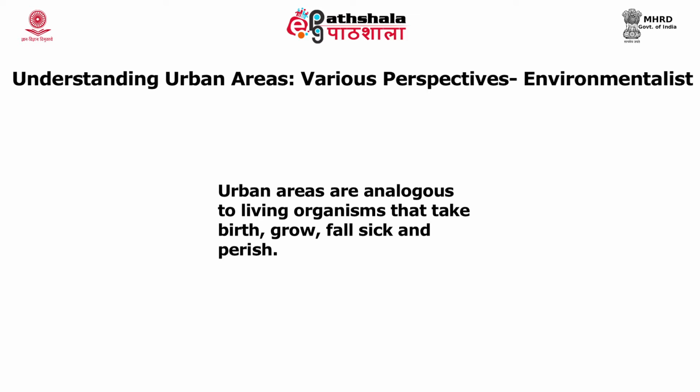They grow in size, in activities, in population, and then they fall sick, they start degrading, and if no interventions are taken, one day they will perish. So, this is an analogy from the environmental perspective which is given for urban areas.